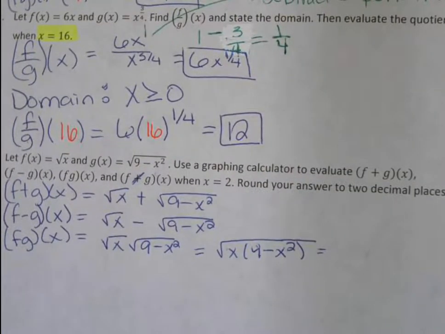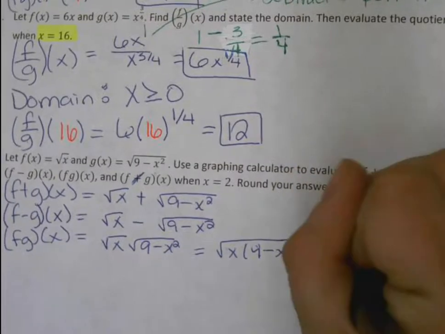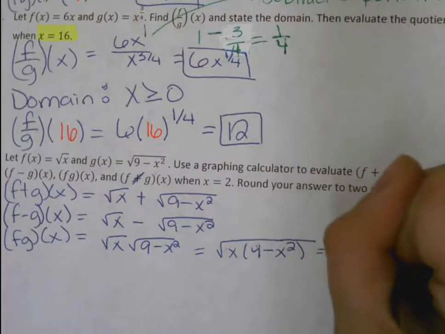So I'm going to distribute to both. Then I got to distribute the x to the 9 minus x squared. So 9x minus x cubed.